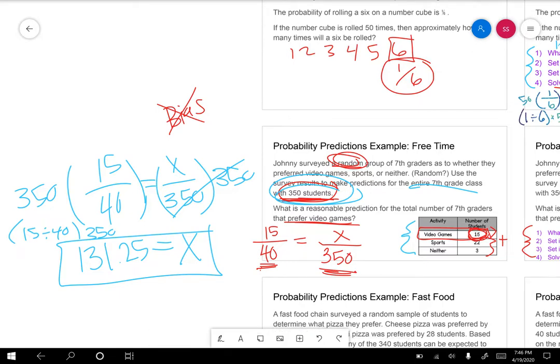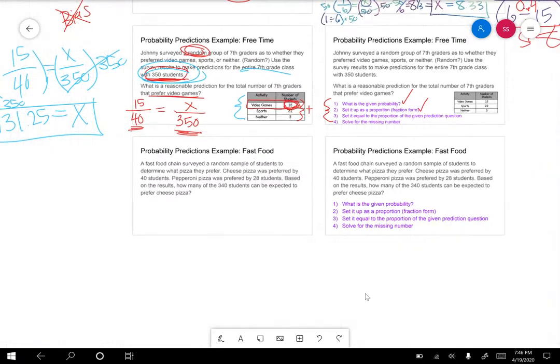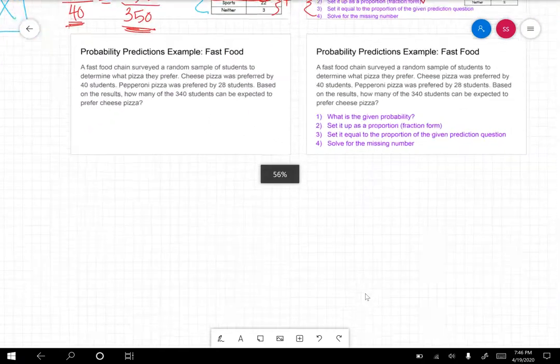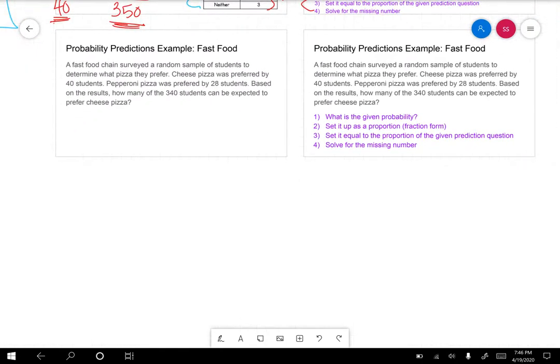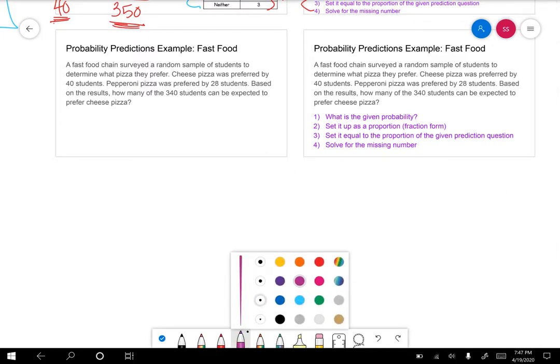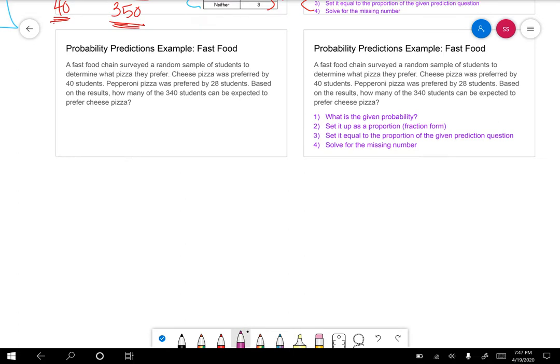Okay. All right. Last question. Fast food. Obviously, you got to throw in some food in there. All right. A fast food chain surveyed a random sample of students to determine what pizza they prefer. Cheese pizza was preferred by 40 students.